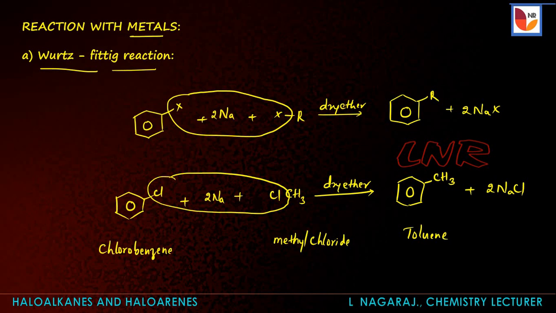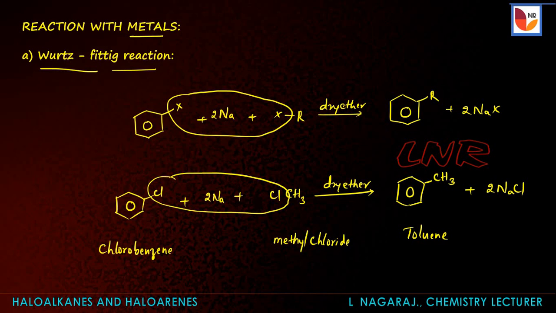So in the examination they may ask how to prepare toluene from chlorobenzene. So chlorobenzene reacts with sodium and methyl chloride in the presence of dry ether, and it produces toluene.